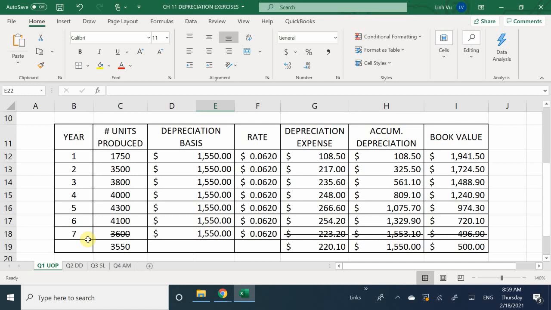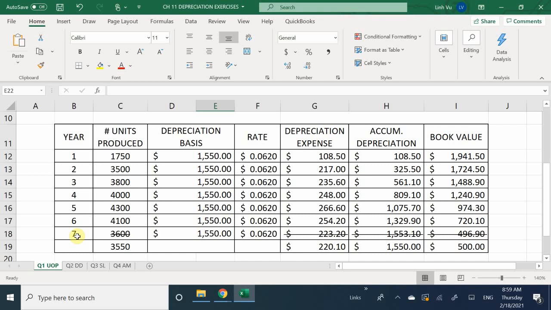So with that being said, because it went beyond capacity, even though it didn't reach its full potential, it still has 5 more months to go.